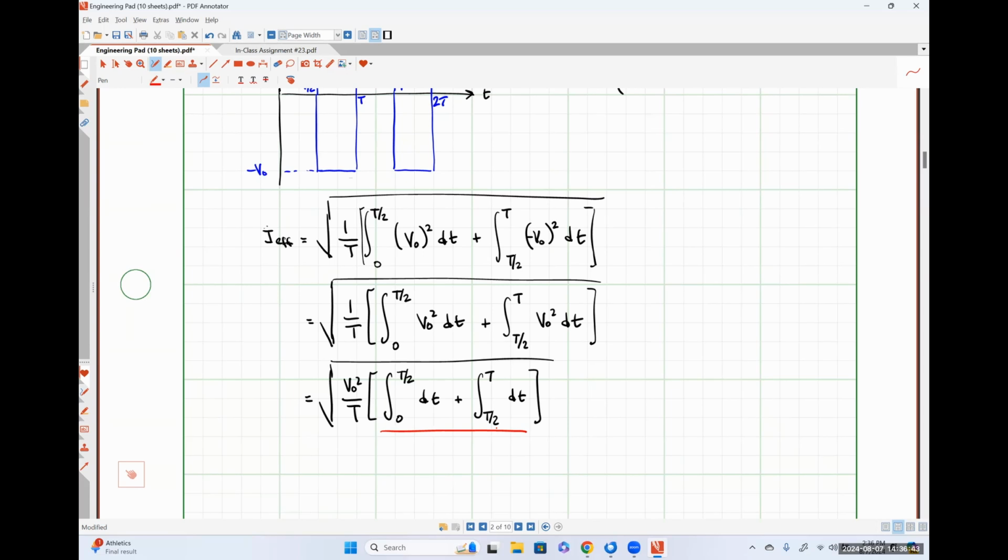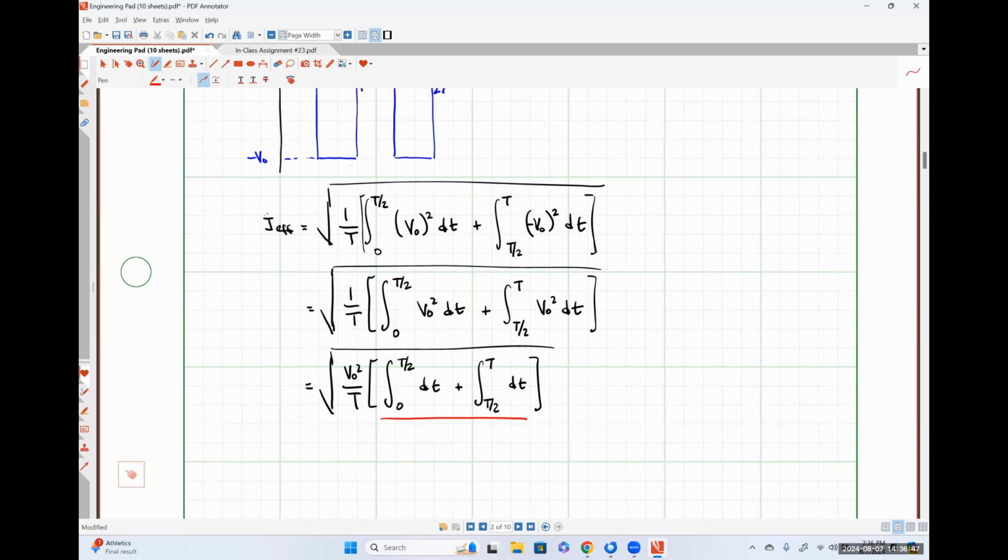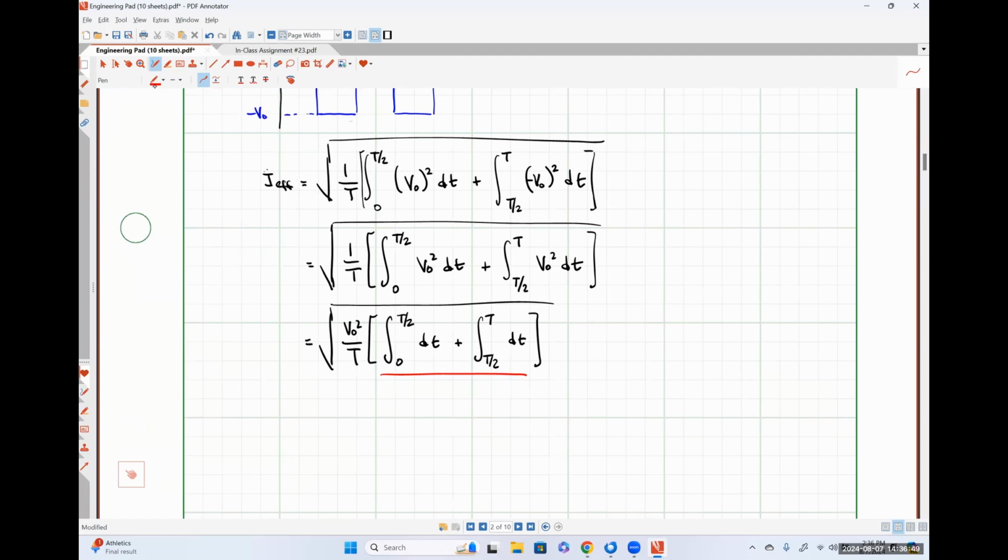I want to say it would just be 0, wouldn't it? It would not. So if we look at this first bit here, the integral of dt is just t, right? And then we would substitute in the bounds of our integral. So that's going to look like T over 2 minus 0 plus, and then we have the exact same thing here.